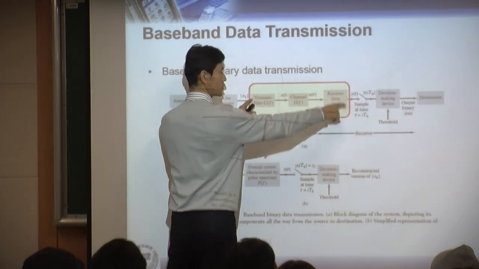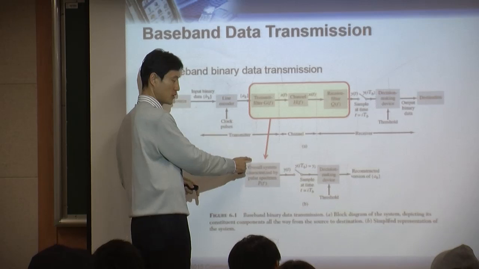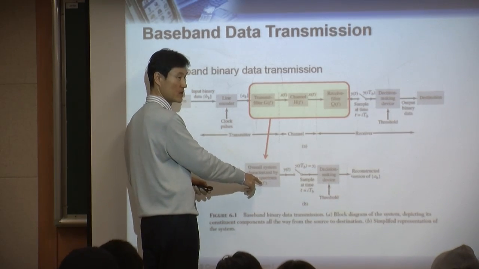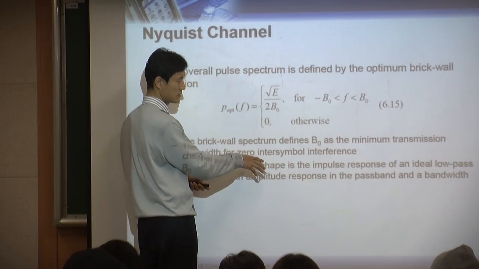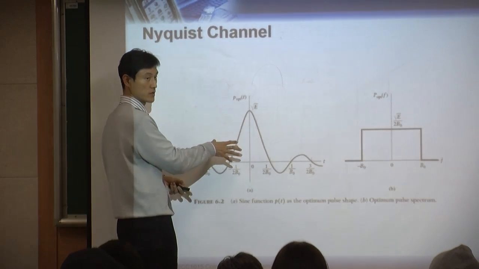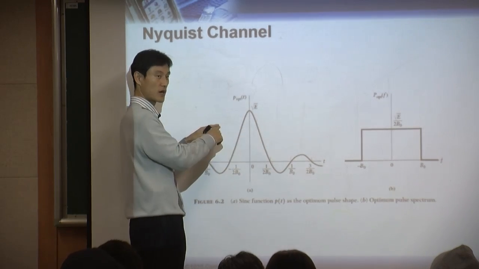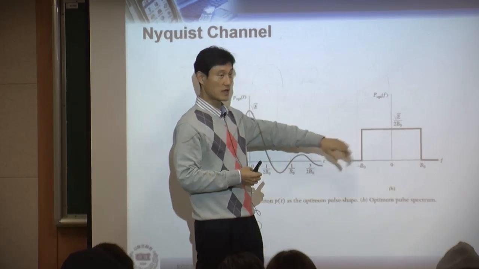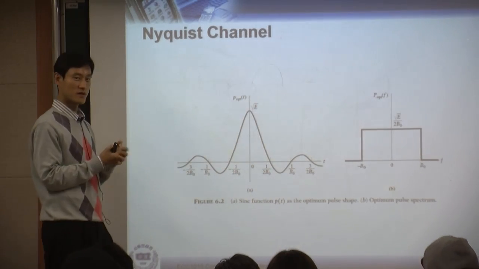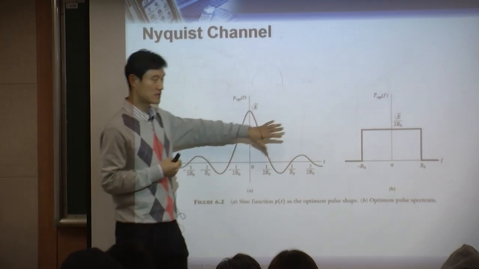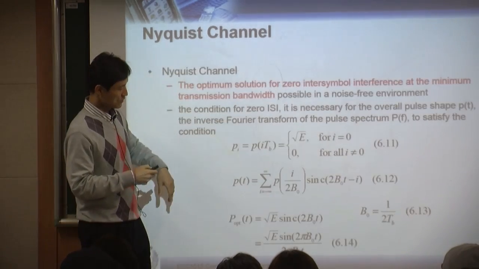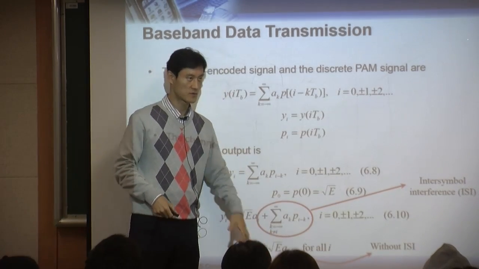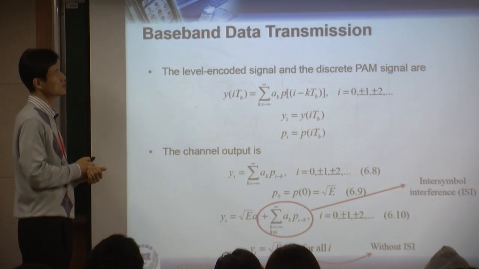So just looking at this one as simply one block and call that as pt in time domain, capital PF in frequency domain. That's what we see here. Okay? So if we can make that red box to have this impulse response and this transfer function, that's perfect. That's a Nyquist channel, and that's what we want. And if we make it this way, then we are going to get this simple input-output relationship. Okay? So that's what we want eventually.